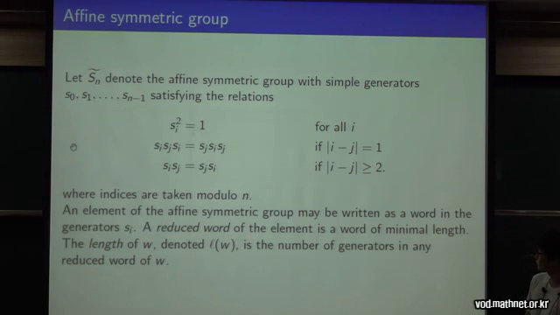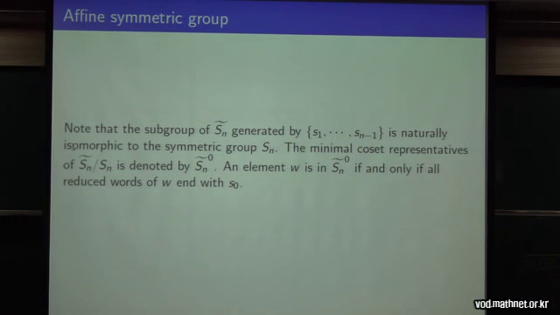Any element can be written as a word in the s_i, and a reduced word is a word of minimal length. Minimal length means that sometimes you can delete s_i squared. So a reduced word of an element is a word of minimal length, and the length of w is defined by that length. If you get rid of s0, then it's isomorphic to S_n.